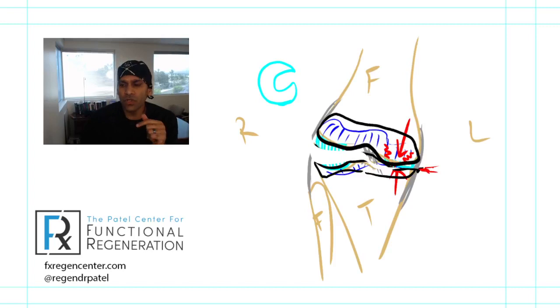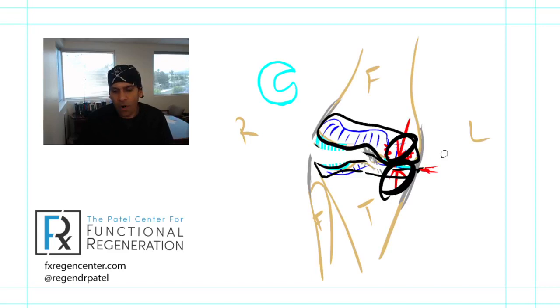And that bone marrow was placed directly into both of those areas, and looking at data over the course of 15 years, approximately 60% of the patients were able to avoid knee replacement in their bone marrow stem cell knee.